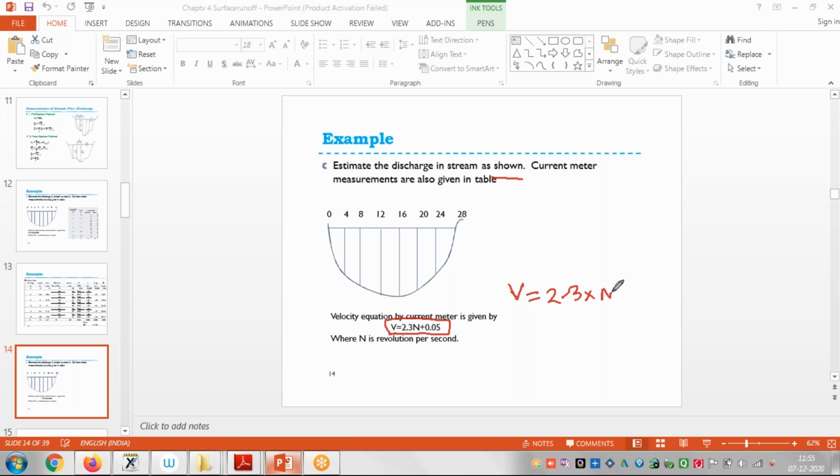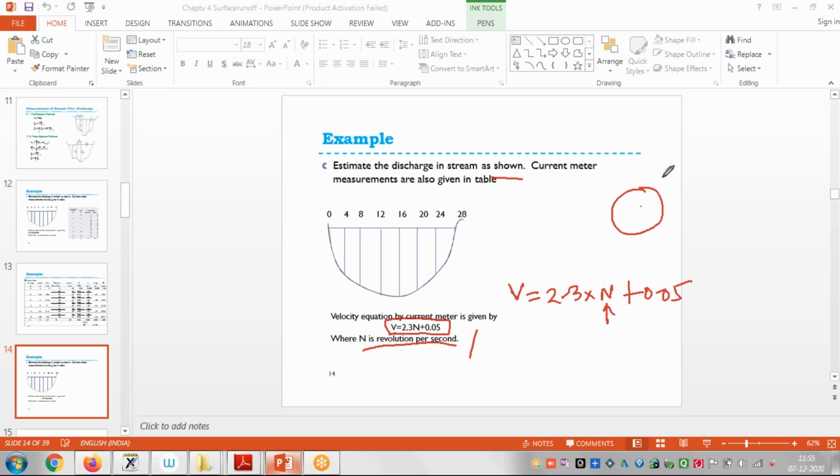2.3 into n plus 0.05, where n is the number of rotations, right? Once we know this, n is the revolution per second. Suppose there is a propeller in the current meter, so it rotates one circle, or completes one circle, right?